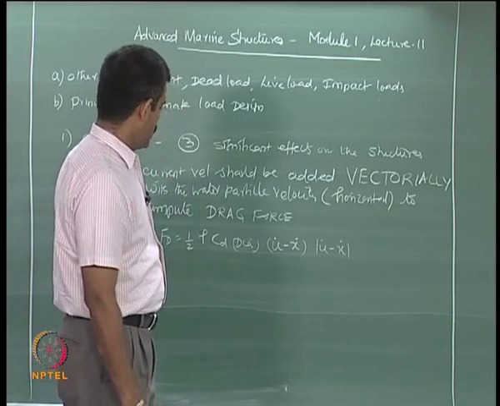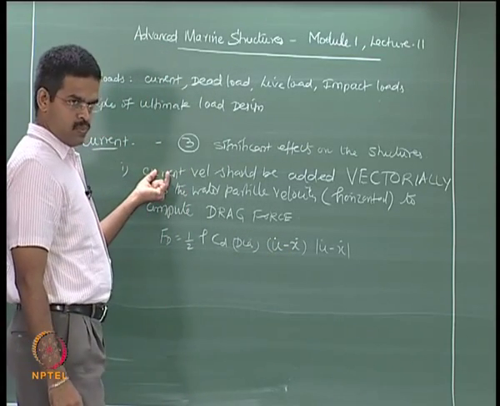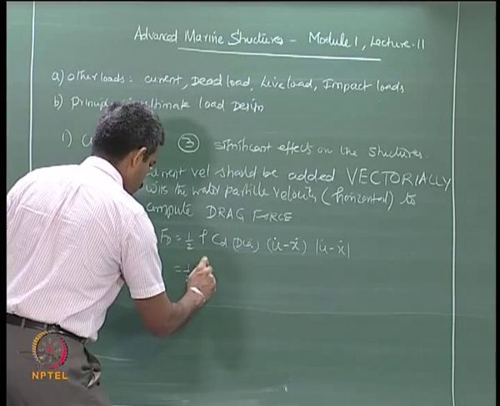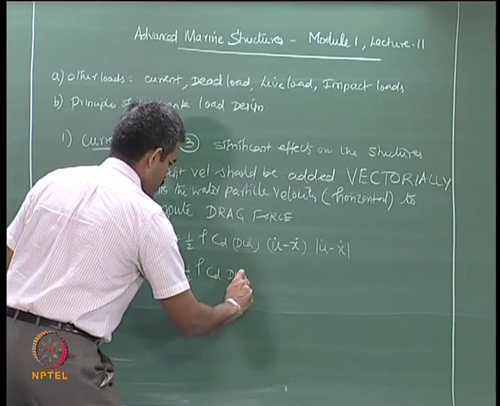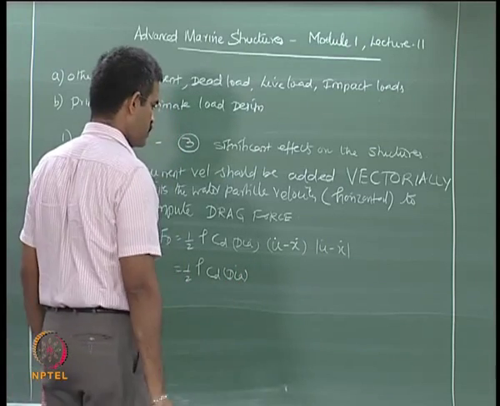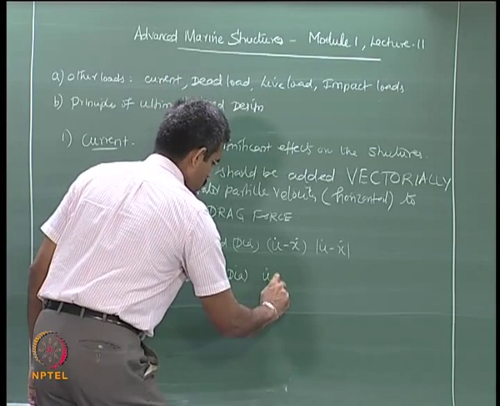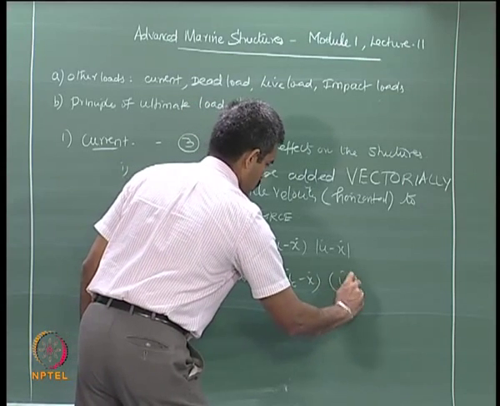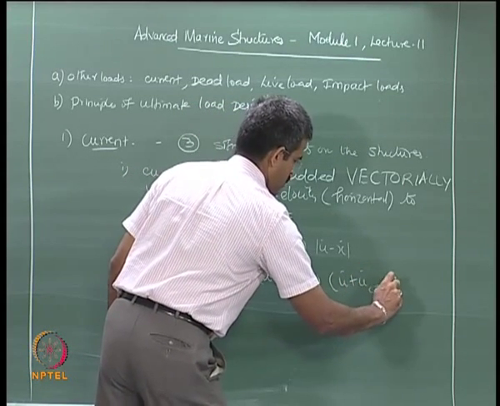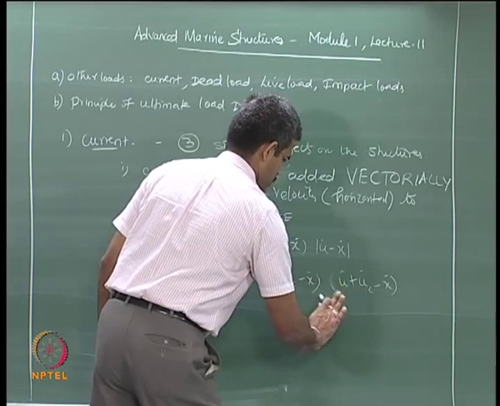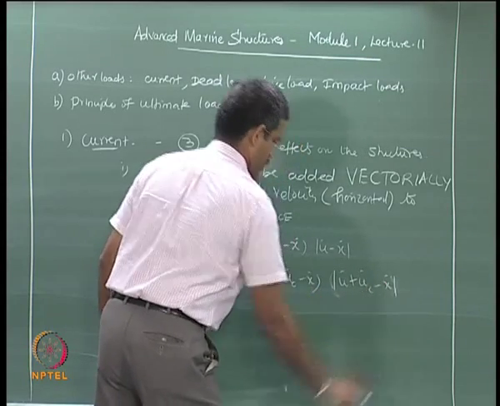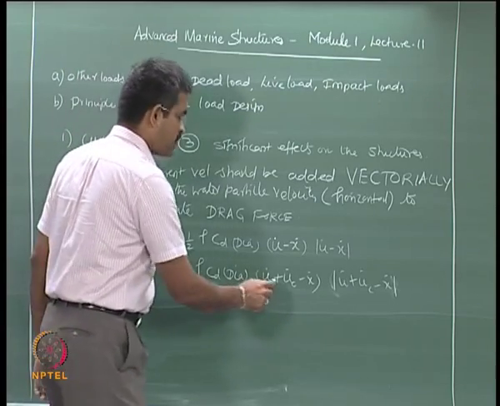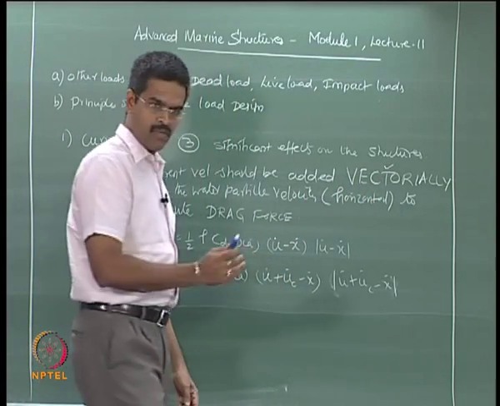If the current is also included in my study, then it is half rho CD D (u dot plus uc dot minus x dot) times |u dot plus uc dot minus x dot|. I should add the current vectorially, of course I say plus here, but it is to be added vectorially depending upon the value.